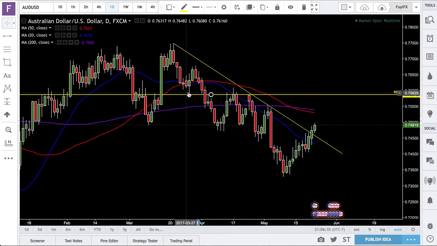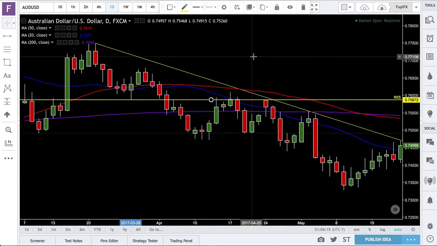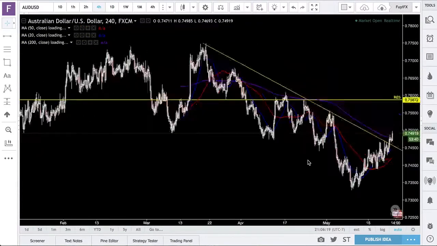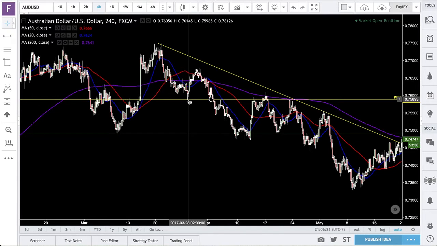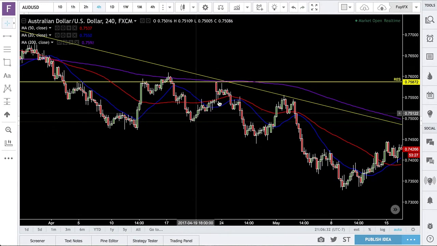So this little swing low became resistance here, and if we look at a 4-hour time frame, you can see it a lot better. So previous support becomes resistance here. All right, bounced here, failed to break. It looked like a break here, failed.